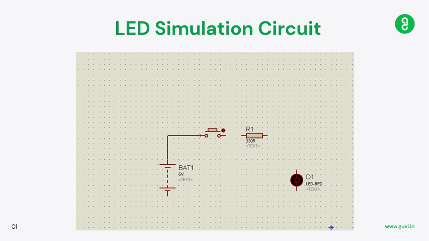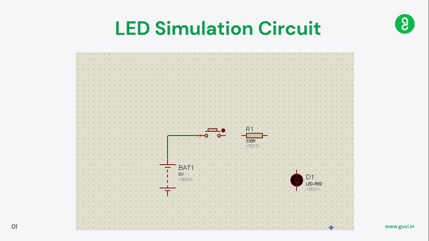And this is an example of a simple LED simulation circuit. First you should know the components and their models, select the models and put them on the software, and after that connect the components using wires. Simply connect them through the wire.